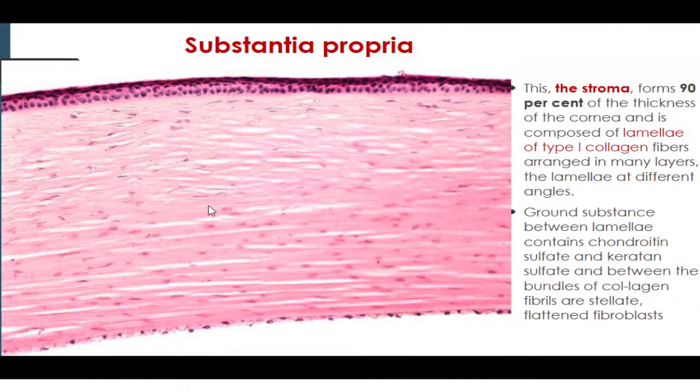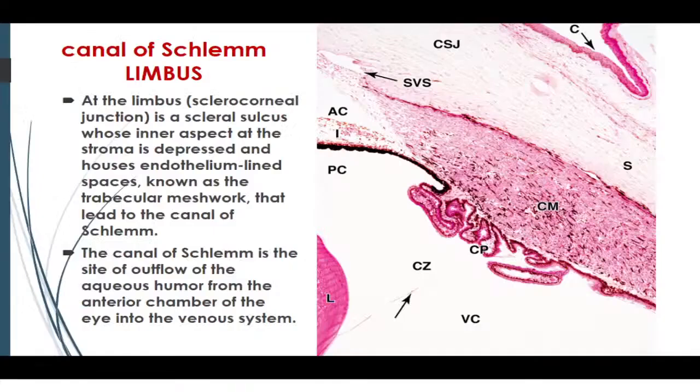We can see it here, it is visible. A ground substance between lamellae contains chondroitin sulfate and keratan sulfate, and between the bundles of collagen fibers are stellate flattened fibroblasts, but they are not very visible because of the transparency effect.